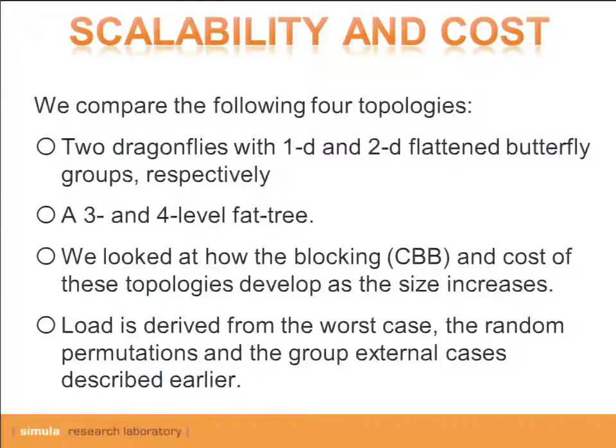The Dragonfly with a one-dimensional flattened butterfly in the group spans roughly the same size interval as a 3-level factory, and the Dragonfly with a 2D flattened butterfly group corresponds more or less to a 4-level factory, although it can go far beyond as well. So we looked at the blocking ratio of these topologies and want to see how this behaves for different CBB ratios and for different sizes. And with one more thing.